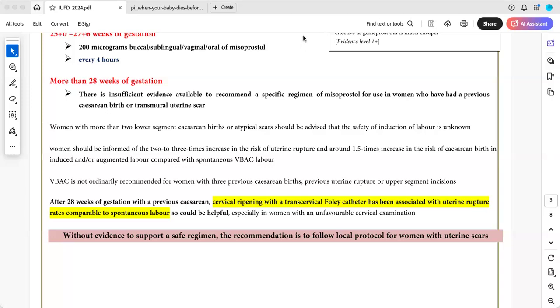So here I am asking my friends, especially those who are having OSCE exam, if the woman is asking you about the risk of induction or augmented labor with a scarred uterus compared to a spontaneous VBAC, what would be your answer?